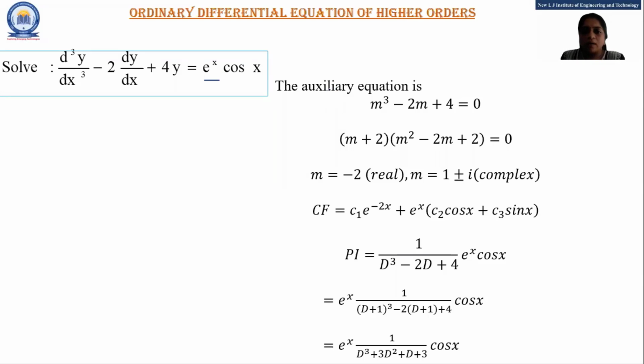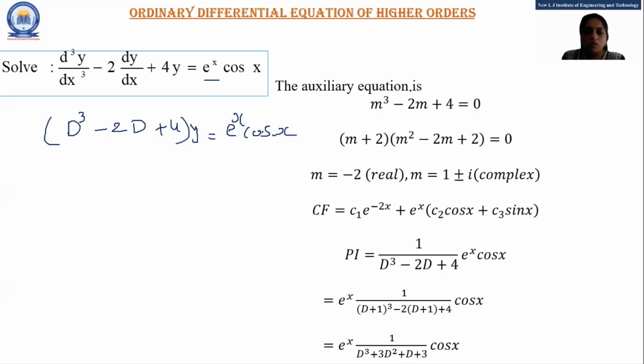Okay, so let's start with the auxiliary equation. Here, multiple of y, that is d cube by dx cube, so m cube minus 2m plus 4. This we also write as d cube minus 2d plus 4 into y, right? Equal to e raised to x cos x.